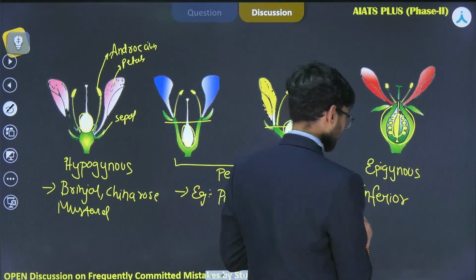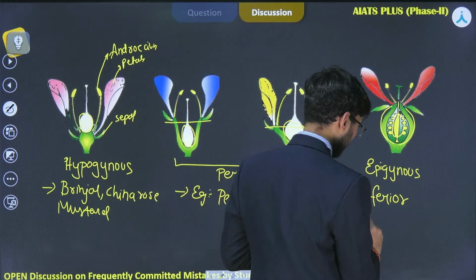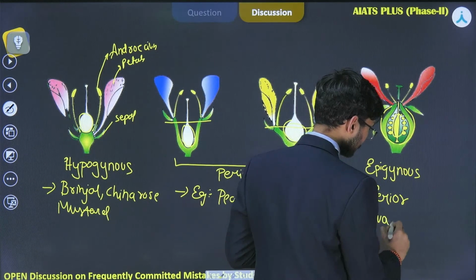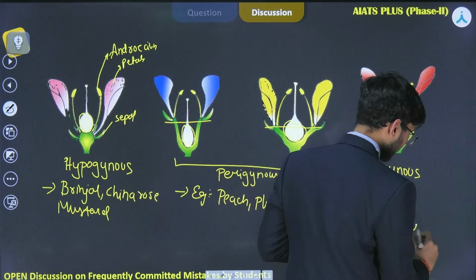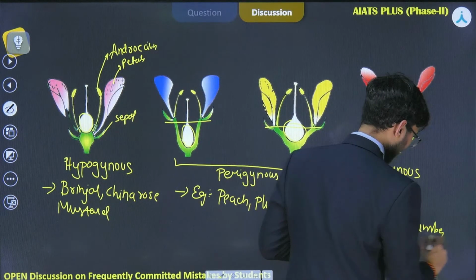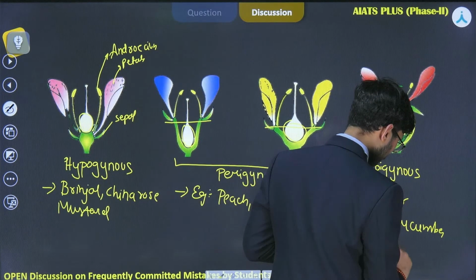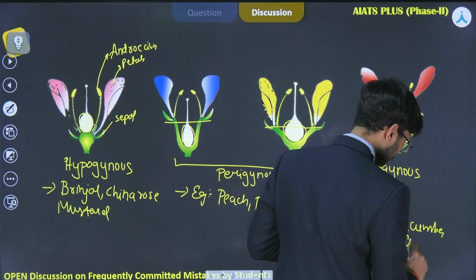Okay. So, some examples that you see are guava, cucumber and ray florets of sunflower. Okay.